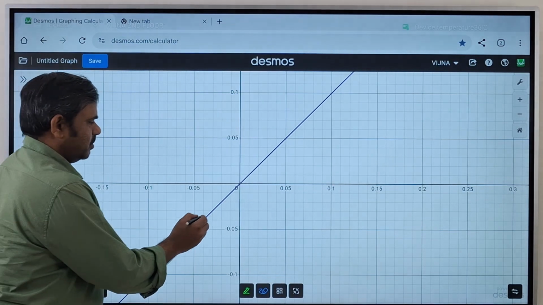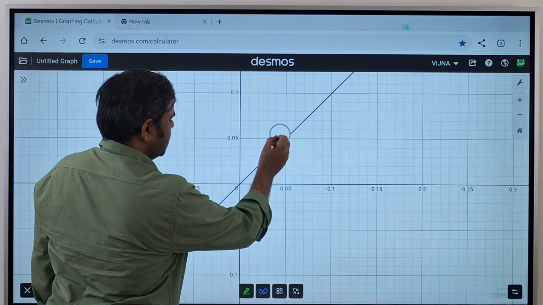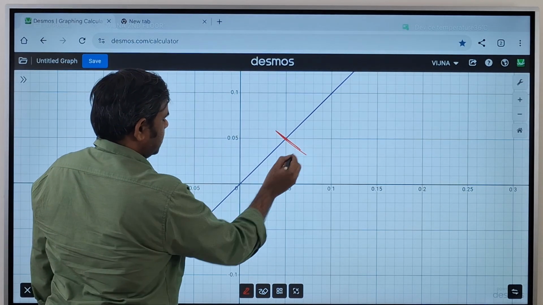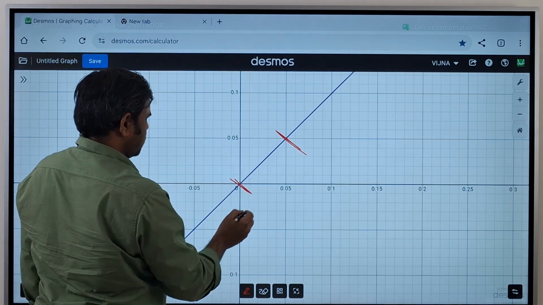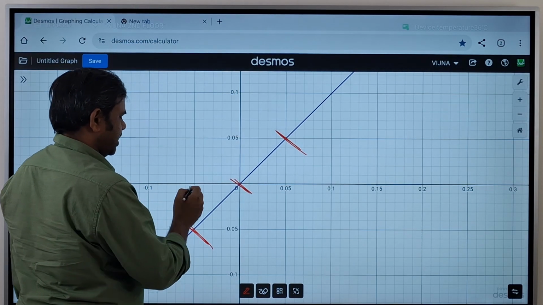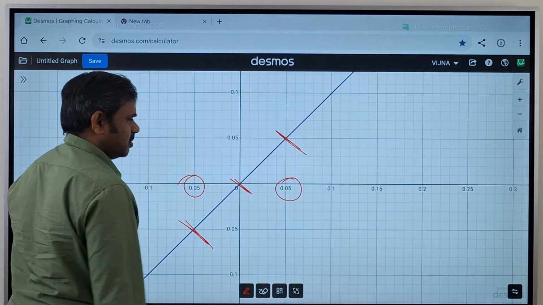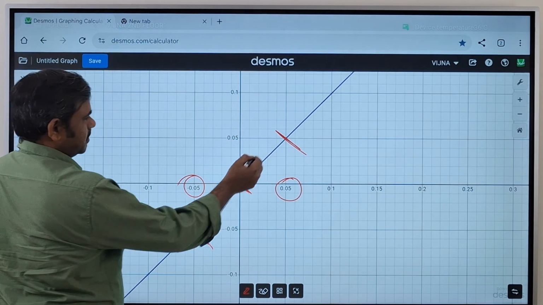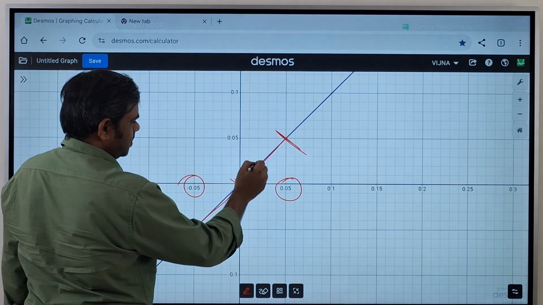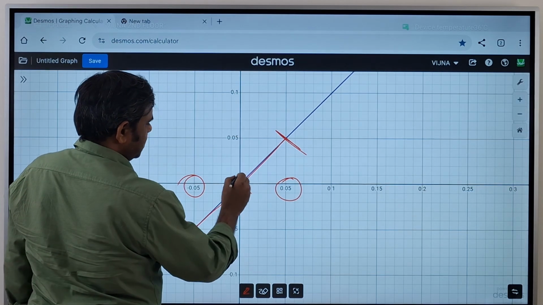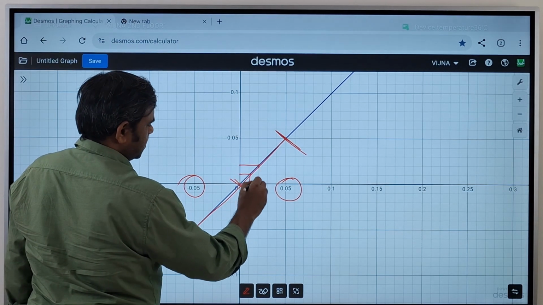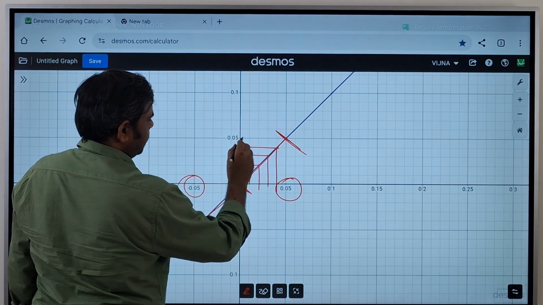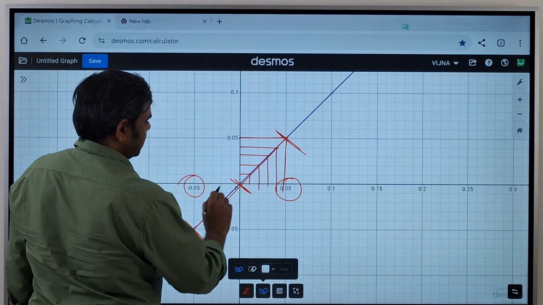For small values of x, I mean 0 to 0.05 radians, or minus 0.05 radians to 0.05 radians, in this region, look at these boxes, these squares.